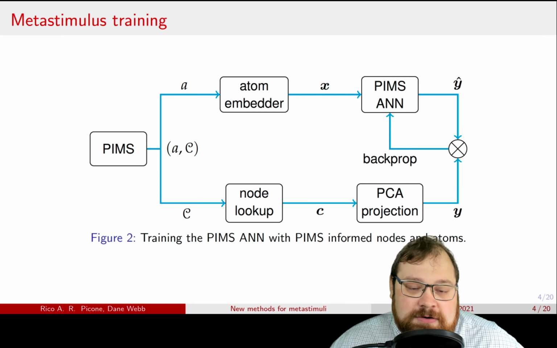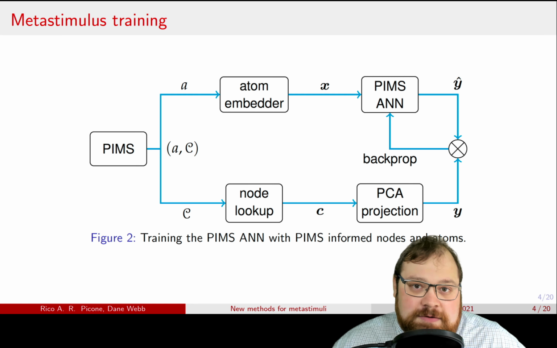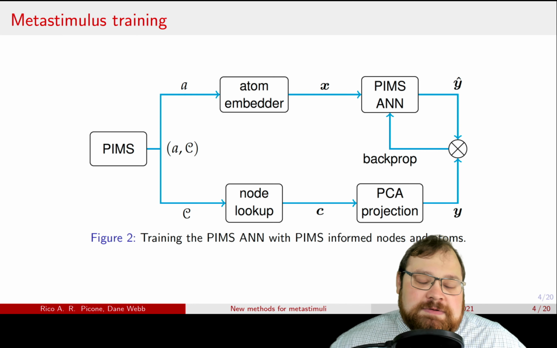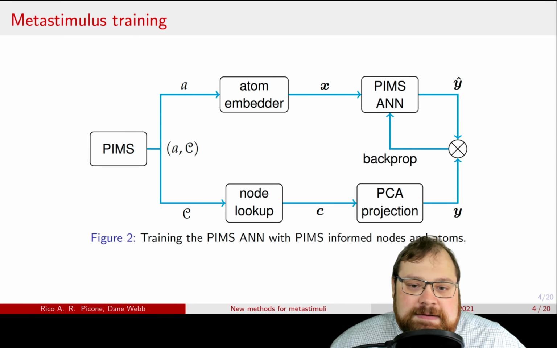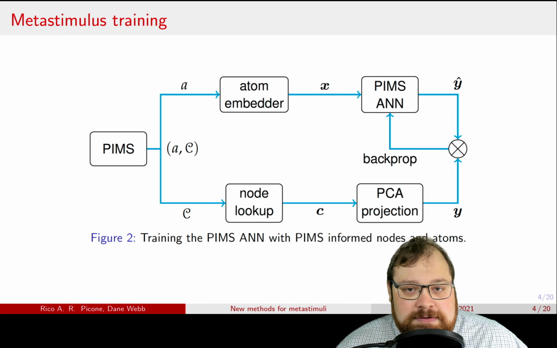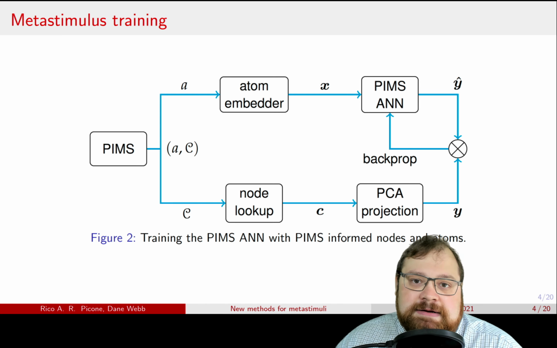Simultaneously, large C, which is a set of categories, goes into the node lookup, and the node lookup block outputs a node vector in the PIMS space, and that is little c. That little c then goes into the PCA projection. This is part of the PIMS filter, which I'll discuss in the next slide.